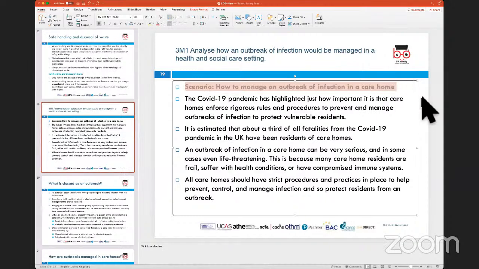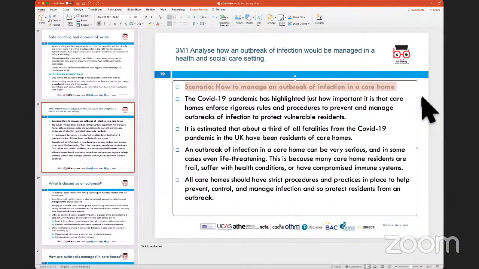So for this, I have taken a scenario of a care home, and we will discuss the COVID-19 outbreak, which typically happened, and a lot of patients lost their lives. Specifically, the death rate in the care homes was higher than in some of the other countries because of the shortage of PPE, personal protective equipment, and because people who were over the age of 65 had underlying conditions.